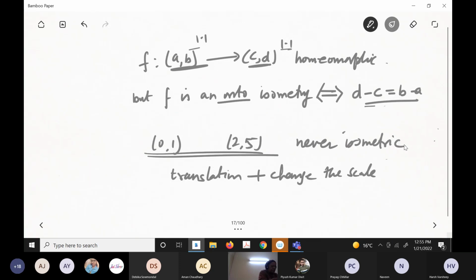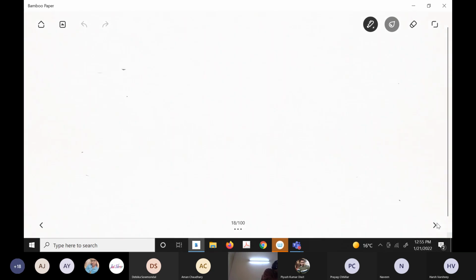So isometry is a stronger condition than homeomorphism. But isometry is not a topological property. Homeomorphism is what we are more concerned about. Metric has something like completeness. This is not a topological property. Look here, last time I did this: take tan inverse x.